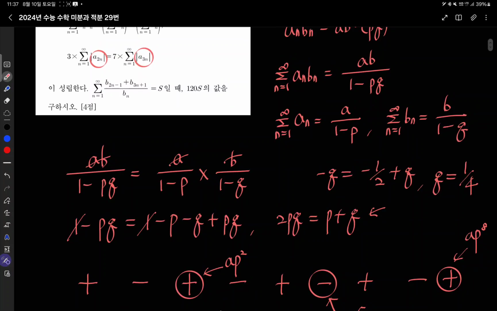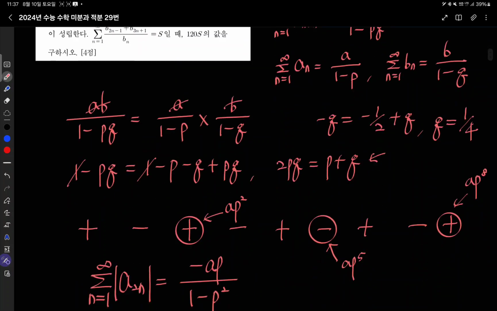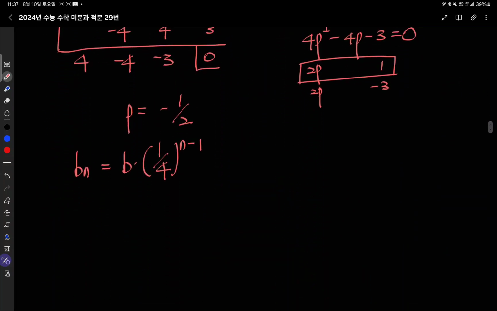So that means the sequence B to n minus 1 is B times 1/4 to the power of 2n minus 2.